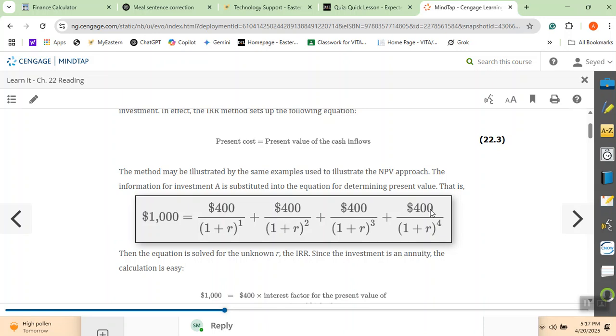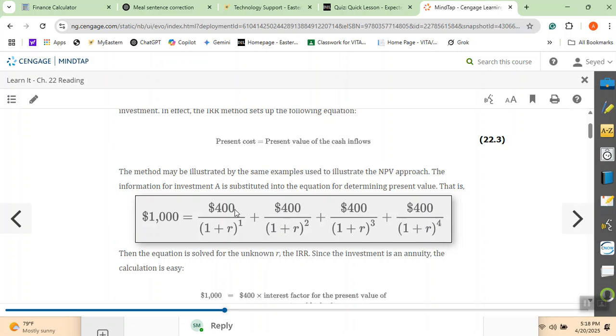At first it might look like a good deal, but it all depends on how much interest the bank is charging you. Imagine you borrow $1,000 and the bank is charging you 50% interest. That means the first year you have to pay $500 to the bank, second year $500, third year $500, and fourth year $500, and you only get $400 back. Therefore, that is not a good deal.